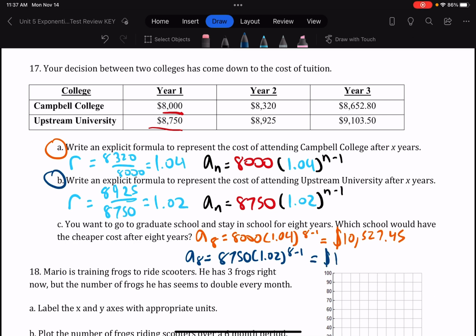That's going to give me a tuition of $10,050, and I'm going to round it to $51 because it's 0.999 cents. So comparing these, even though it costs more to attend initially, it's actually cheaper to attend Upstream University.